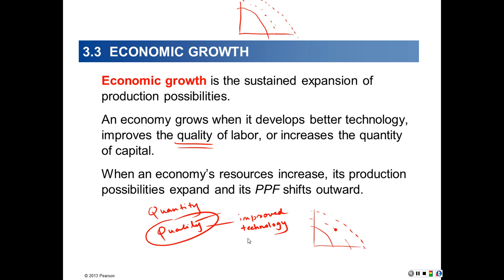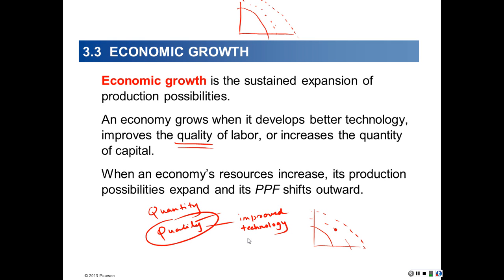So a pound of steel with an improvement in technology may appear to be more than a pound of steel. You follow me? You can do more with it, right? And similarly, you can think of improvements in the quality of labor as well. A worker may seem like more than a worker if this worker has the opportunity to work with improved technology, better machines.